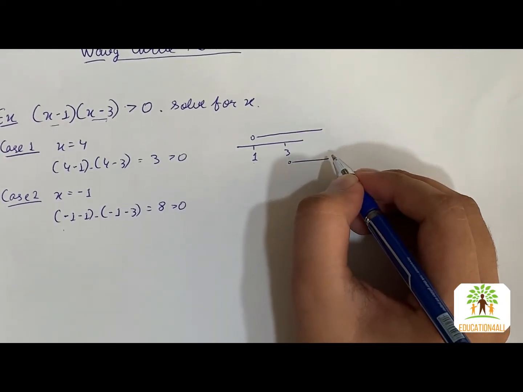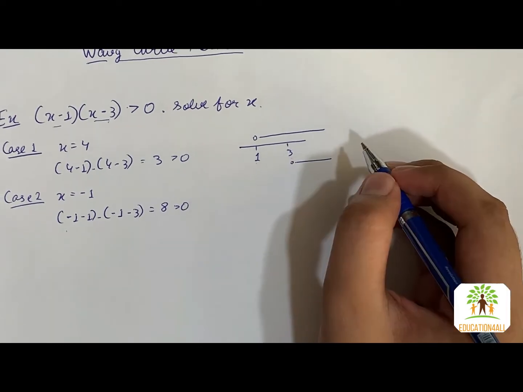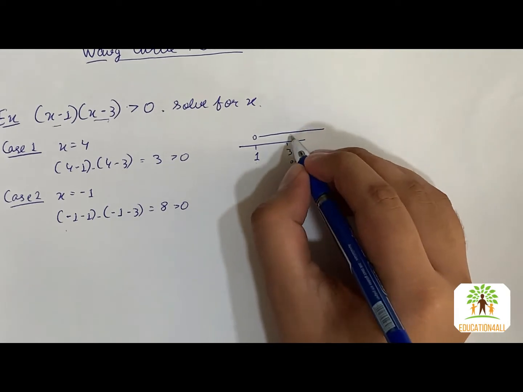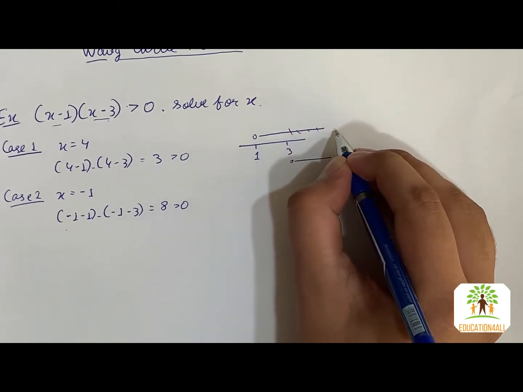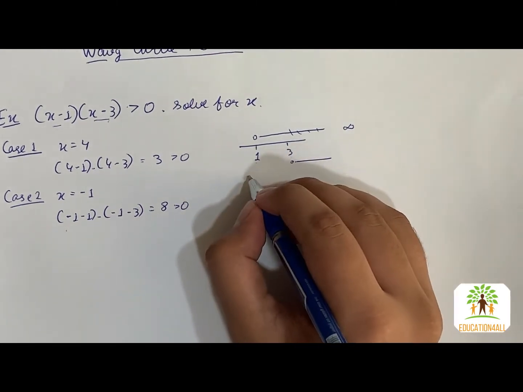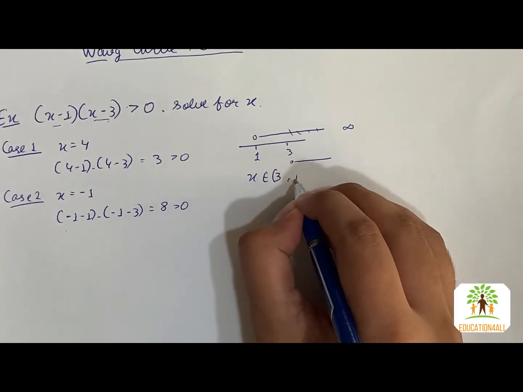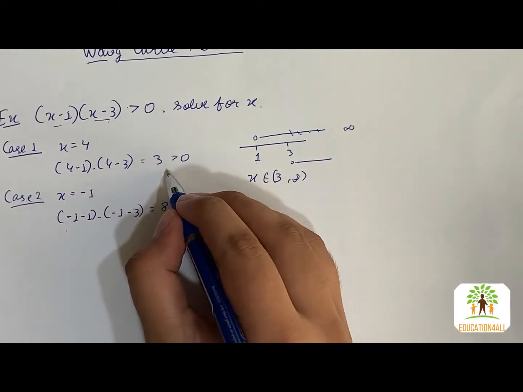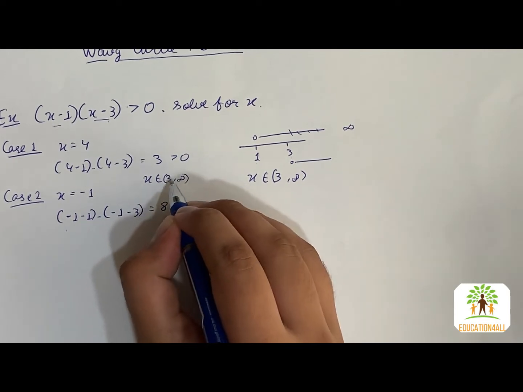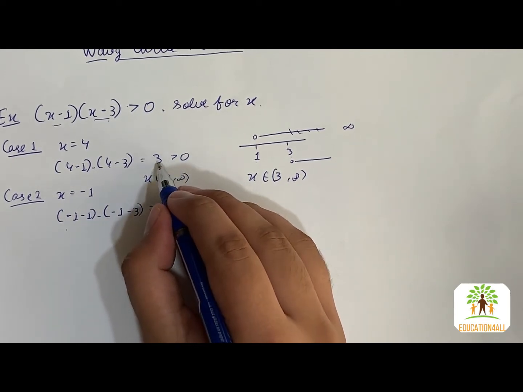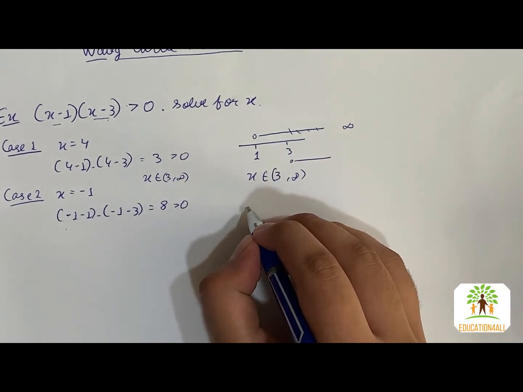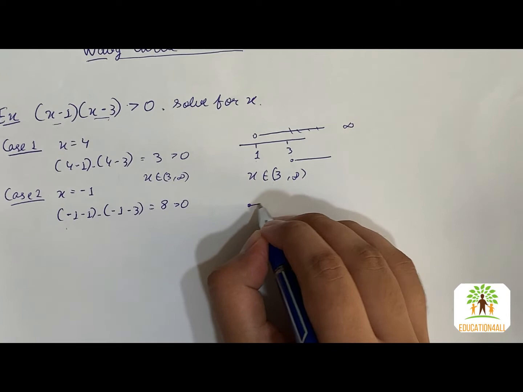For the final answer, we calculate the common part of both these number lines, that is 3 to infinity. So the interval here will come as x belongs to (3, infinity), because it will take all the numbers that are greater than 3 till infinity.